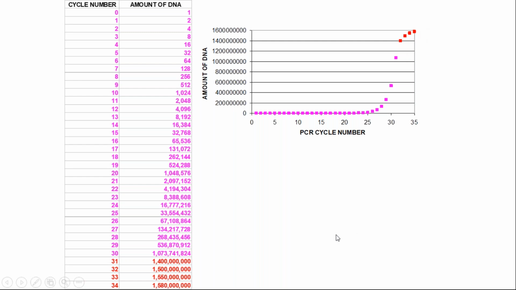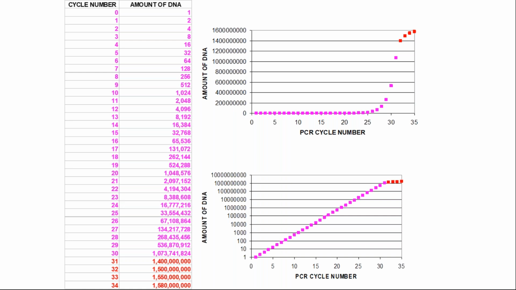What you do at endpoint PCR is measure the DNA here. So whether you have 1 nanogram DNA or 40 nanograms DNA, at the end we will have this, and so we cannot differentiate or quantitate the amount of DNA.